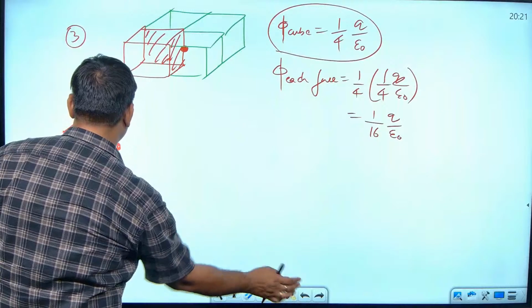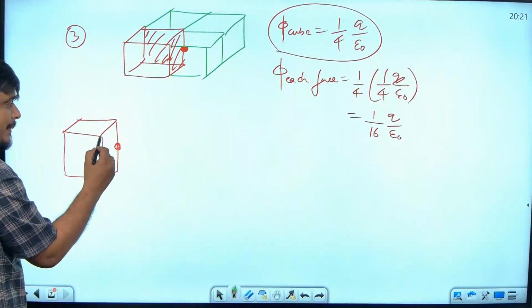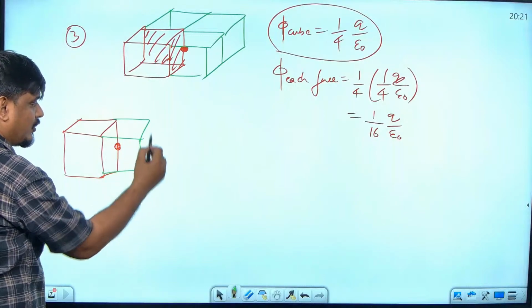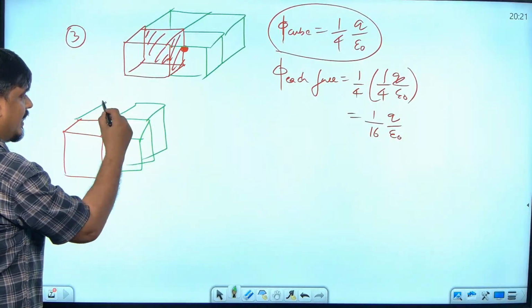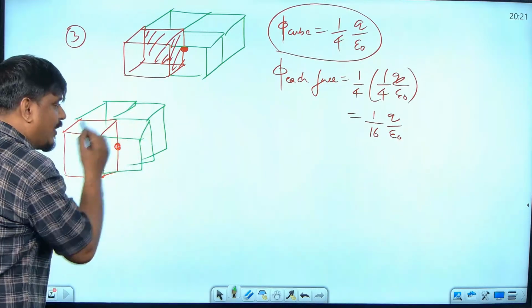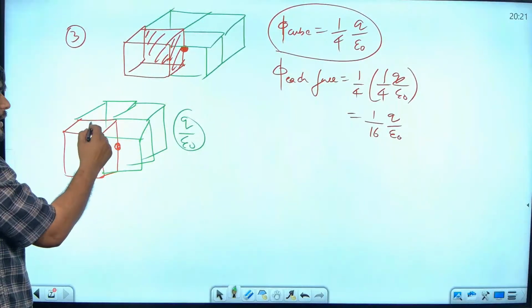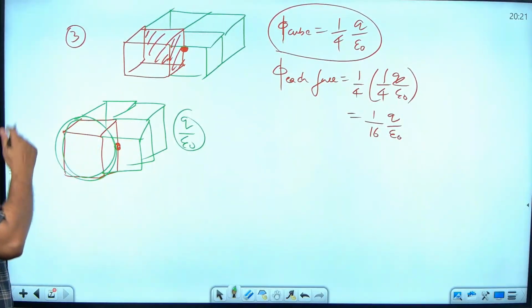Totally, I am drawing with a different color, 3 more cubes. Pay attention here. If I draw one cube here and another cube here, now it became symmetric. It came to the center of all the 4, right, Kirti? So the total flux is q by epsilon naught through all 4 cubes. A particular cube will get how much share? 1 by 4.